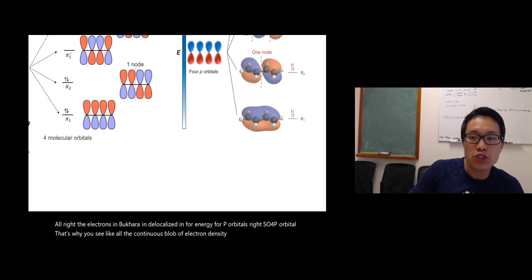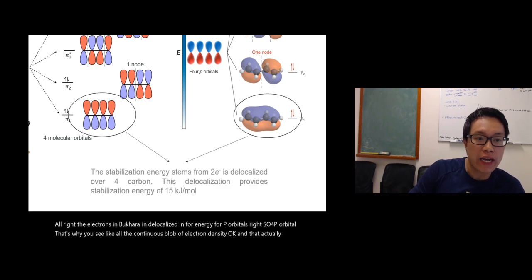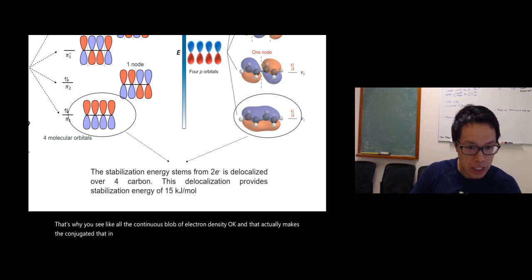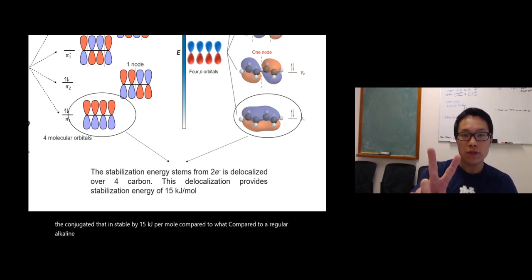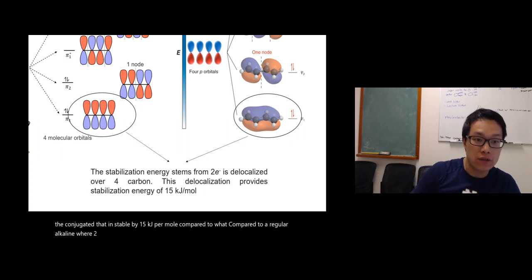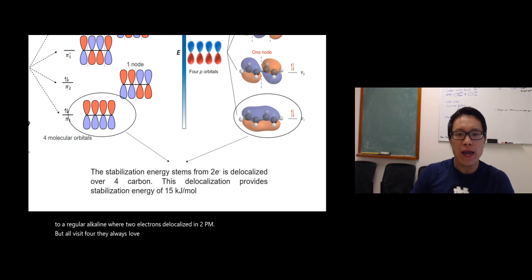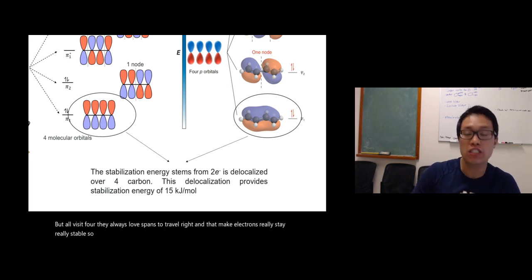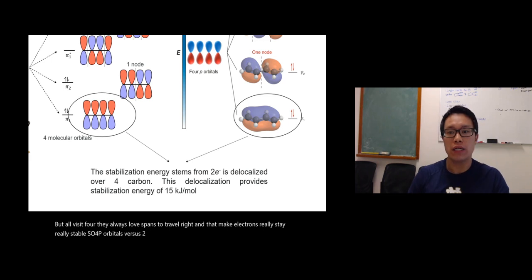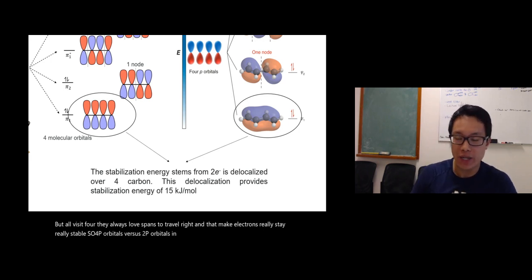That makes the conjugated diene more stable by 15 kilojoules per mole, compared to a regular alkene where 2 electrons delocalize in 2 p orbitals. This is 4. Electrons love space to travel, and that makes them really stable. So 4 p orbitals versus 2 p orbitals in a regular, isolated alkene.